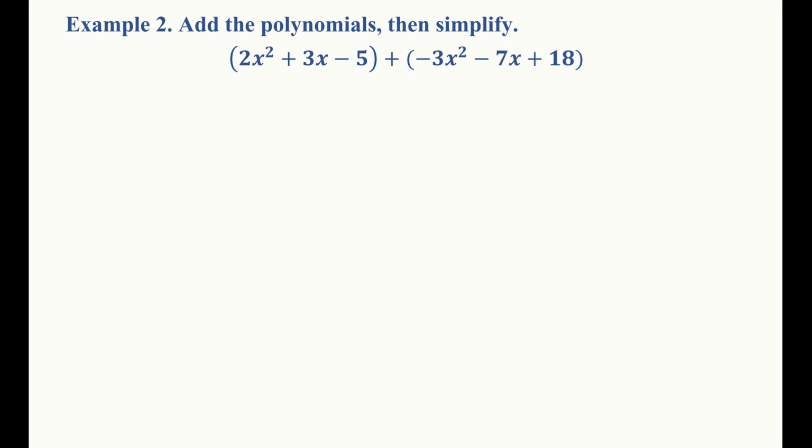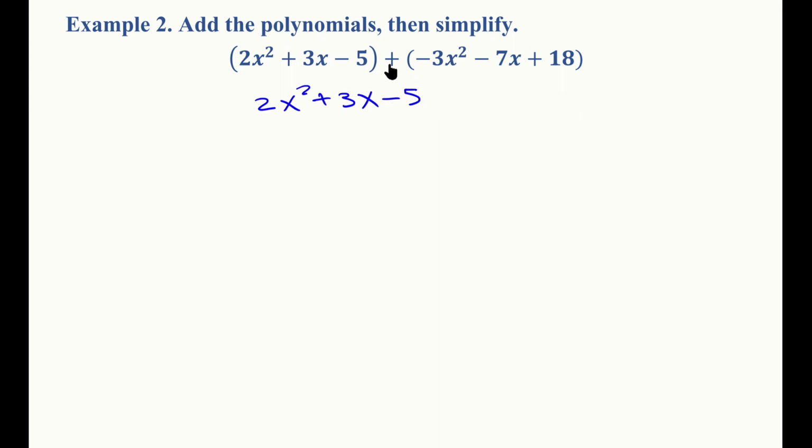So basically, let me go back to the other color. It's a little easier on the eye. So 2x squared plus 3x minus 5. I just dropped the first set of parentheses. And so now I can just keep going horizontally like this.